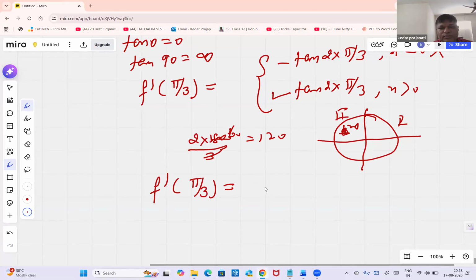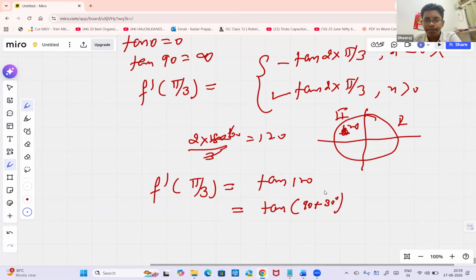Tan 2 pi by 3 is equal to tan 120 degree. And tan 120 degree is how much? Tan of 90 plus 30.